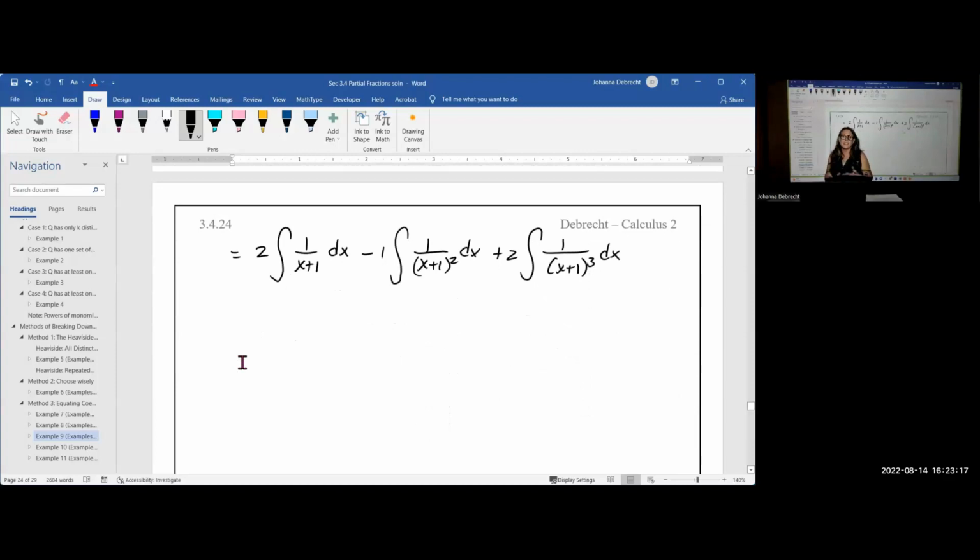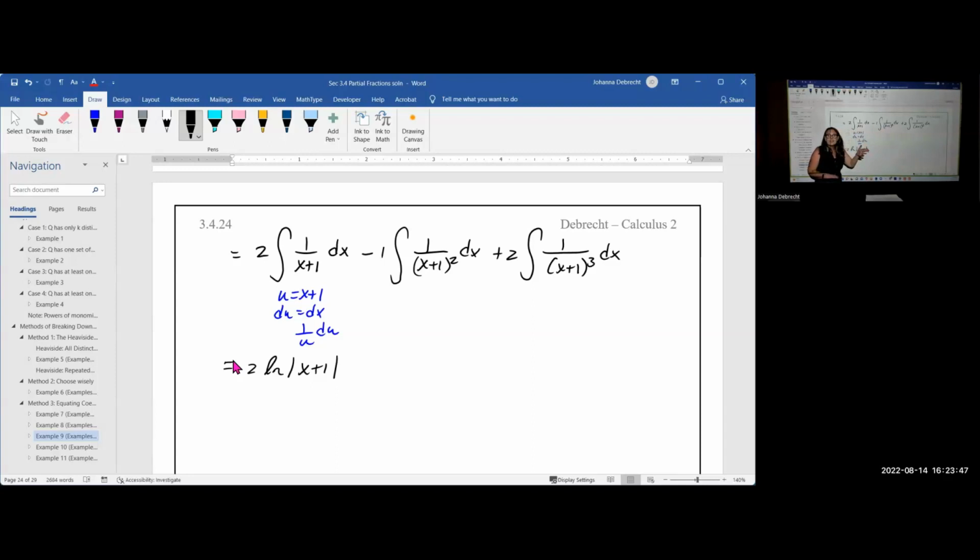Now the first one is again going to be 1 over u du, where u is x plus 1. So looking at this particular one, I have u equals x plus 1, and my du is dx, so I get 1 over u du. So this is going to become 2 the natural log of the absolute value of x plus 1 plus the constant of integration. Well, what about this guy?